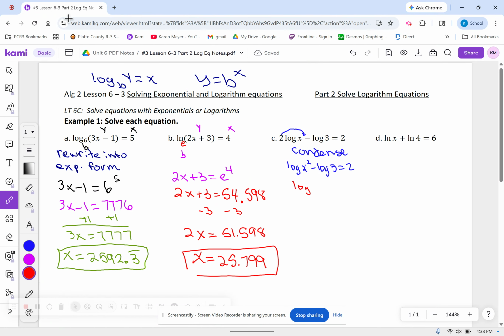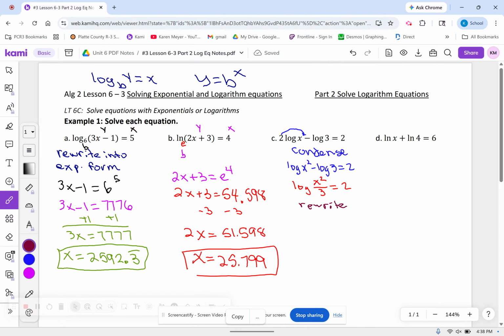So log x squared divided by 3 equals 2. And once you have it to a single log, then you can now work on what we did in the previous problems, which is rewrite into exponential form.